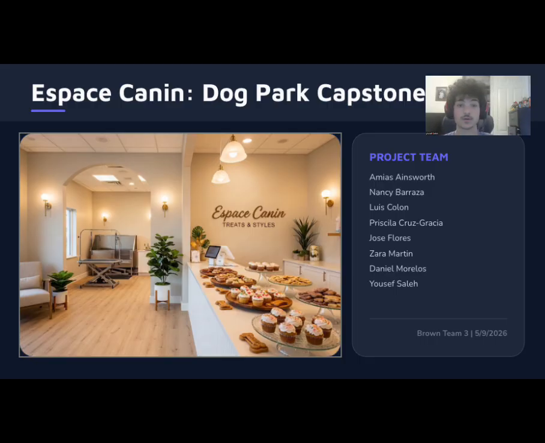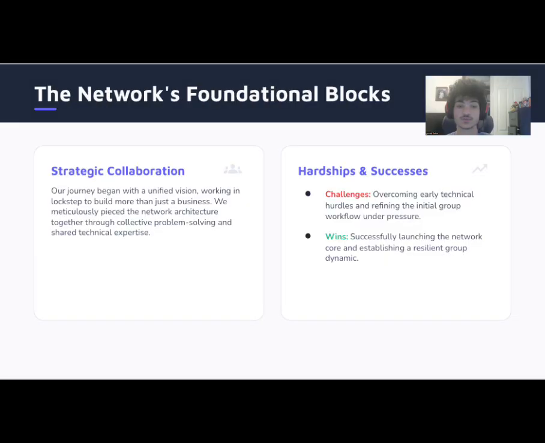To begin, our journey began with a unified vision, working in lockstep to build more than just a business. We meticulously pieced the network architecture together through collective problem solving and shared technical expertise. But we did have a lot of hardships and hurdles to overcome, starting with early technical hurdles and refining the initial group workflow under pressure.